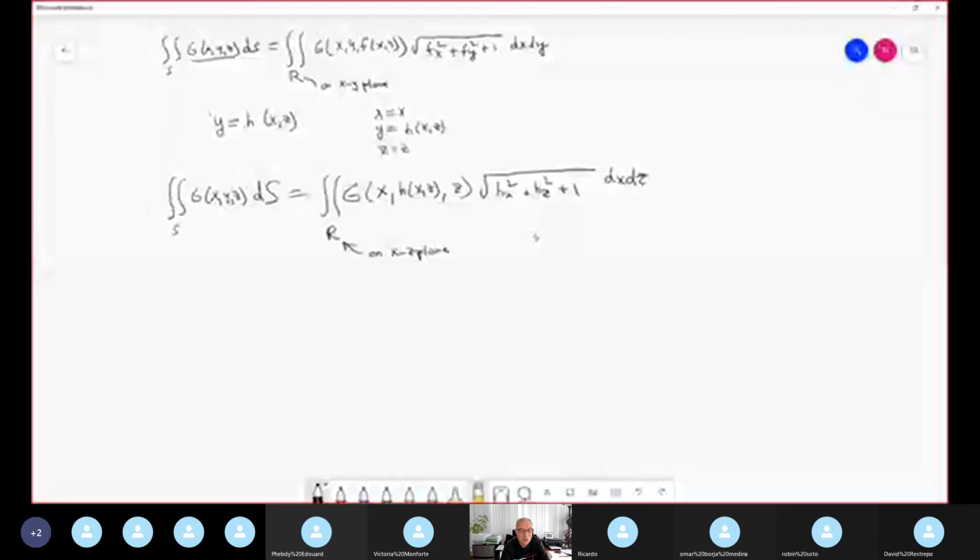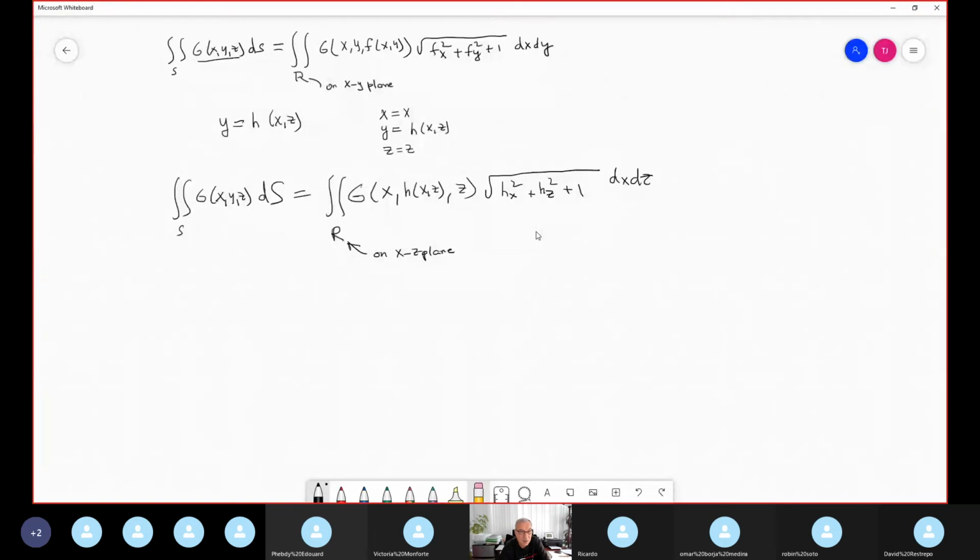We have the possibility in which, in our original surface, instead of isolating the classical z, you isolate y or you isolate x, because maybe it's easier algebraically.